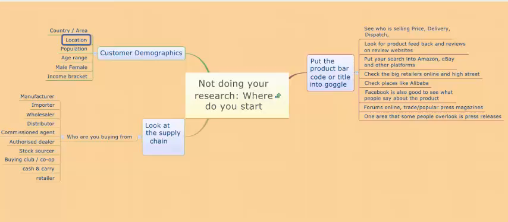But at least you can start now to think about your product or products in a way to where you're going to be selling them, who your target market is, and where you're going to be purchasing the actual product from. So how much money you can make.